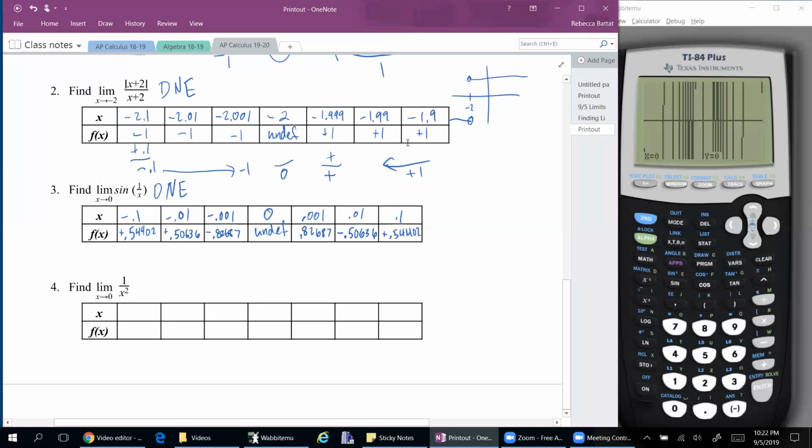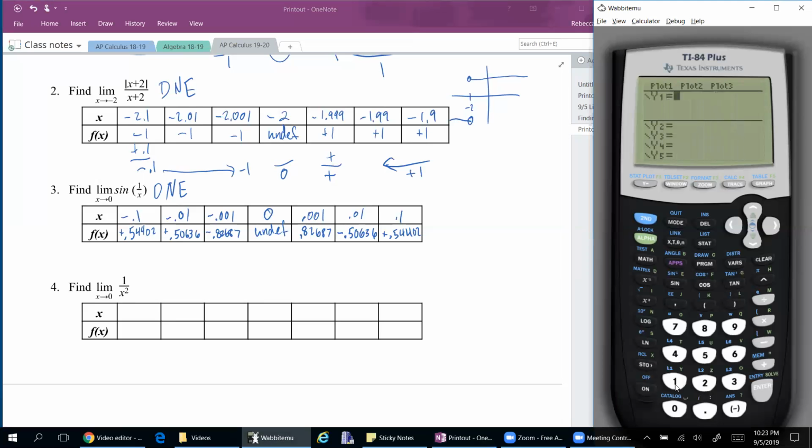Let's look at our last example here. Y equals 1 divided by x squared. And let's zoom out again, Zoom 6.